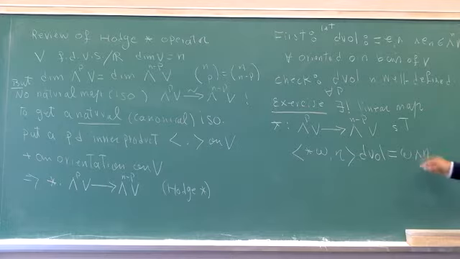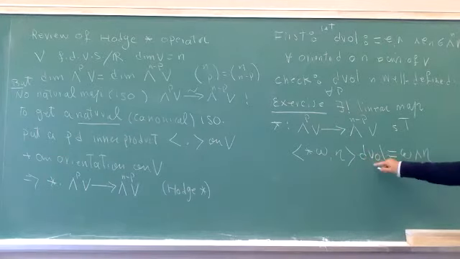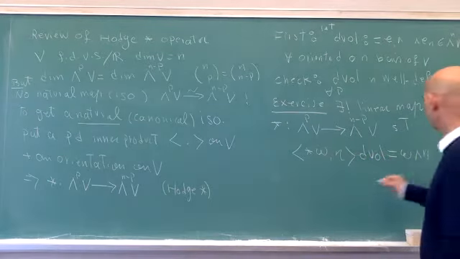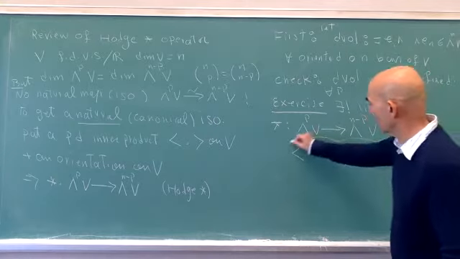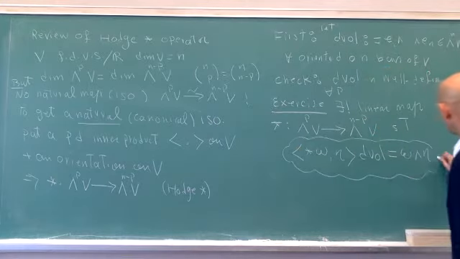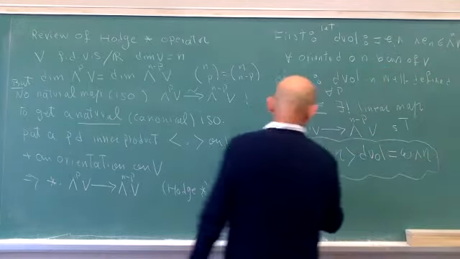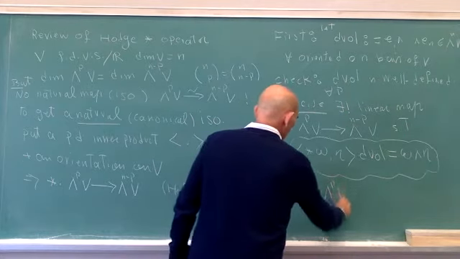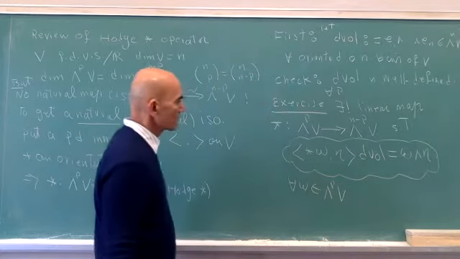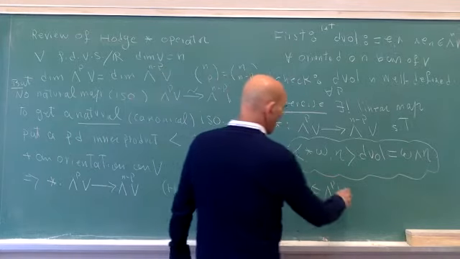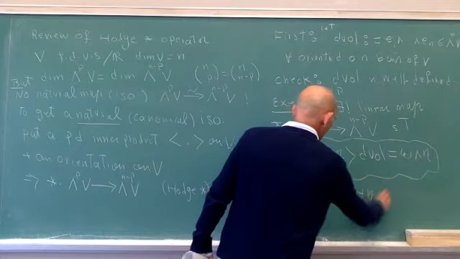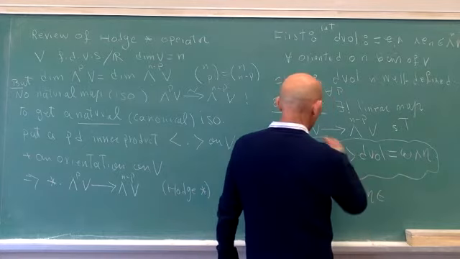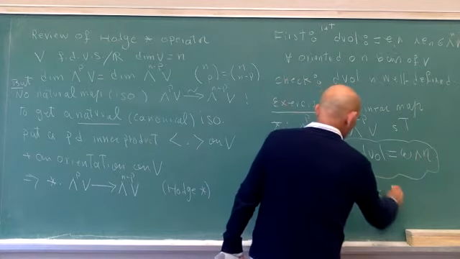So we use the wedge product in combination with this inner product and d volume to get this definition for star. This is now for any omega belonging to wedge P of V, and for any eta belonging to wedge n minus P of V.